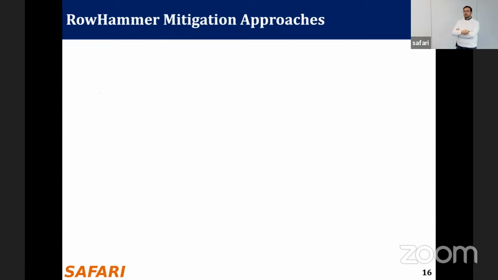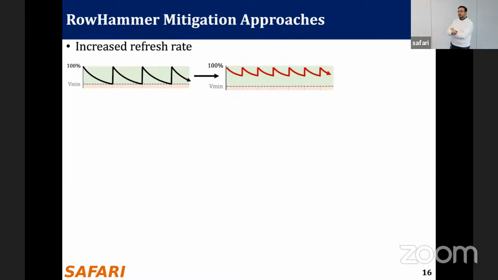Okay, let's go with throttling unsafe accesses. We looked at the RowHammer mitigation approaches at the time. This is a paper published in 2021. We classified the existing mitigation approaches into four different categories. The first one is increasing the refresh rate.